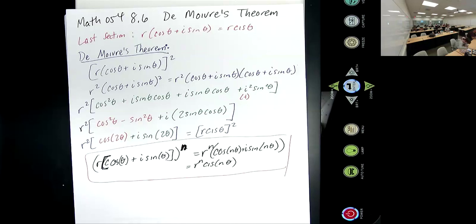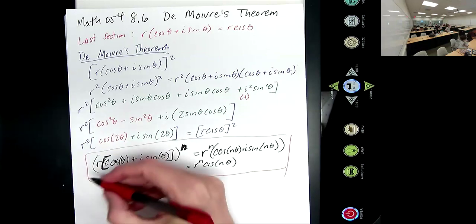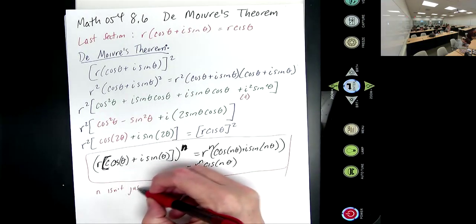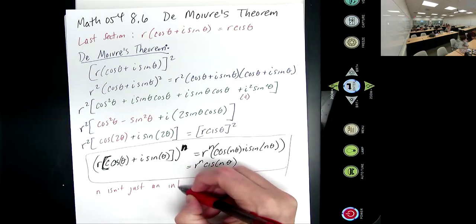And nicely enough, n isn't just an integer. Fractions work also.